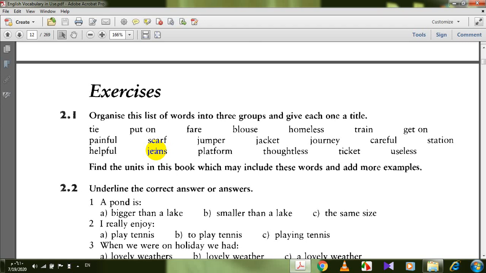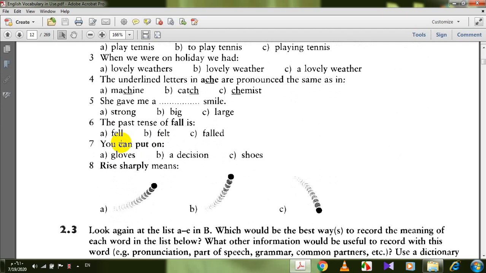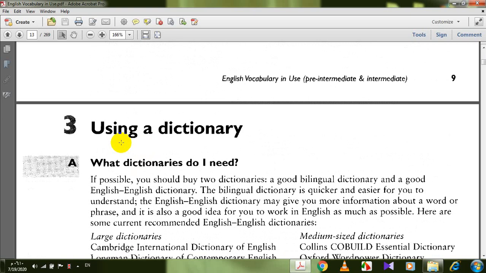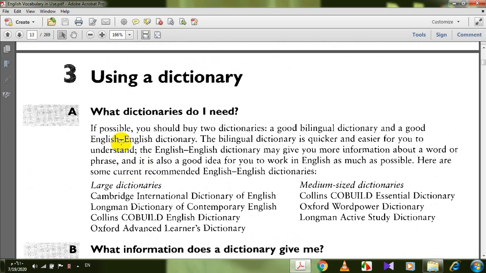This is the end of lesson 2. So we have now an opportunity to go to lesson 3, which says, let's see what it says. Using a dictionary. Oh, good.